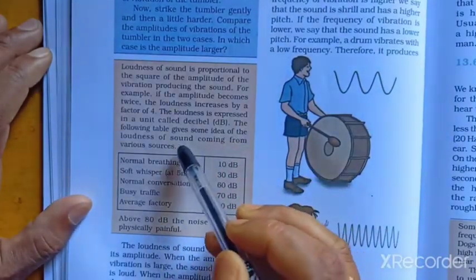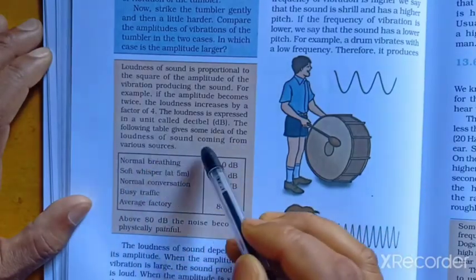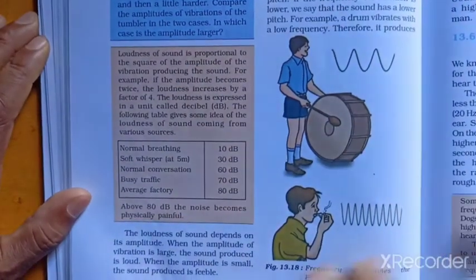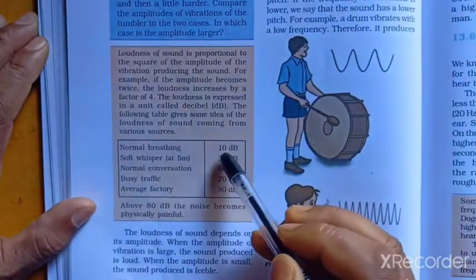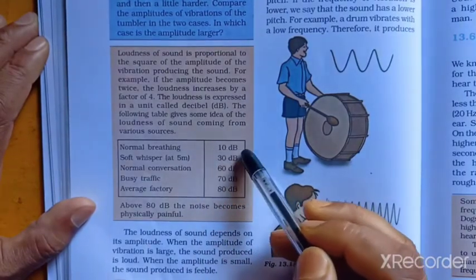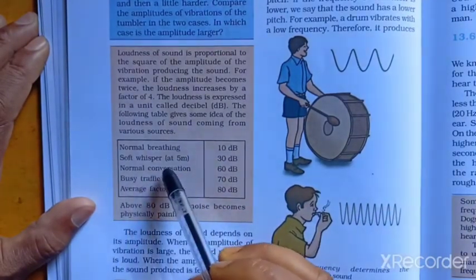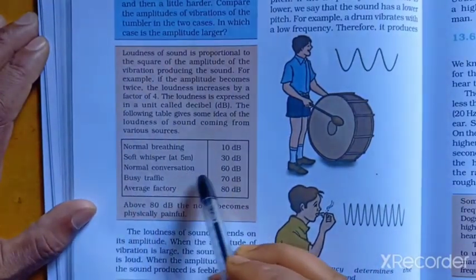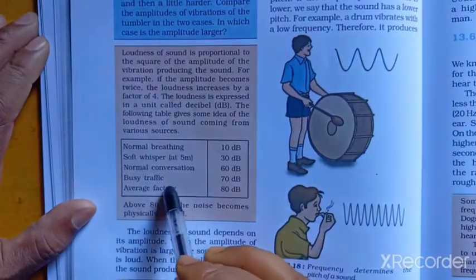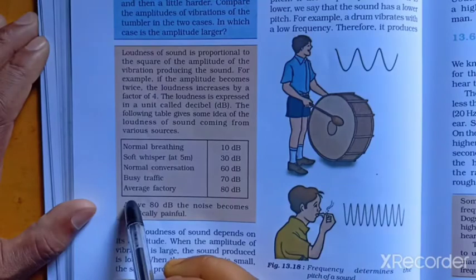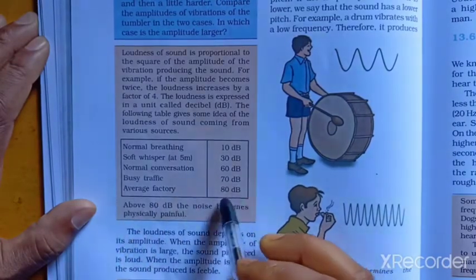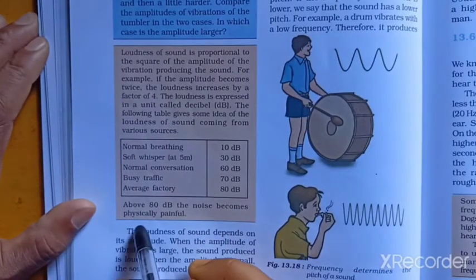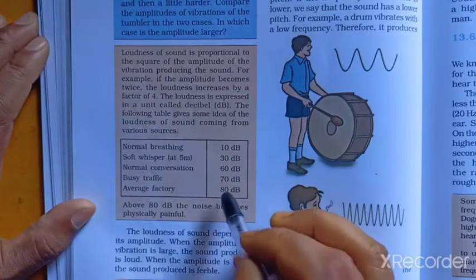The following table gives some idea of the loudness of sound coming from various sources. Here you can see normal breathing, say 10 dB, that means 10 decibel, soft whisper at 5 m, that is 30 decibel, normal conversation 60 decibel, busy traffic 70 decibel, average factory 80 decibel.